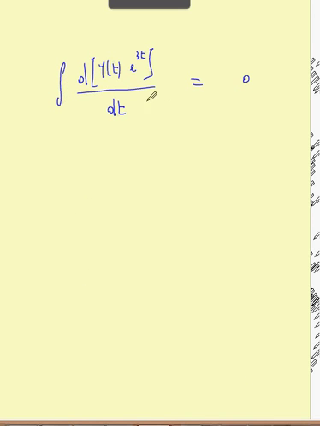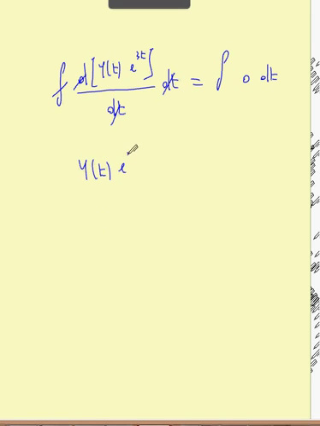So the first side becomes y t e to the power of 3t. On the second part we get c.